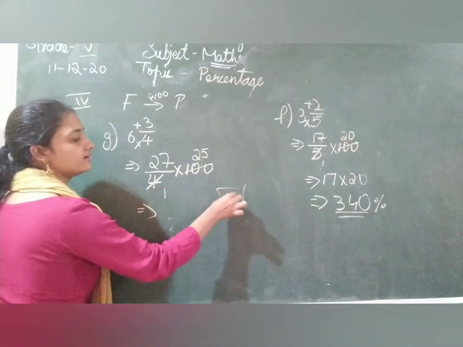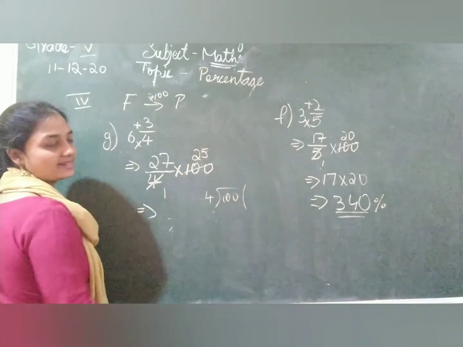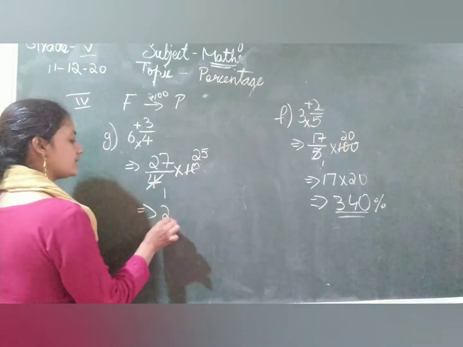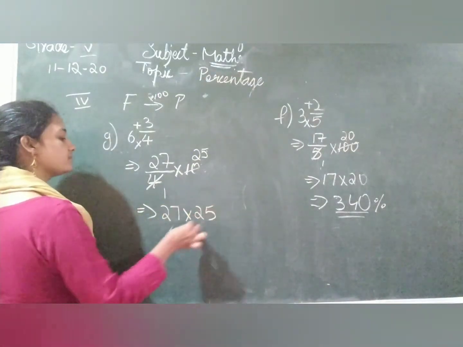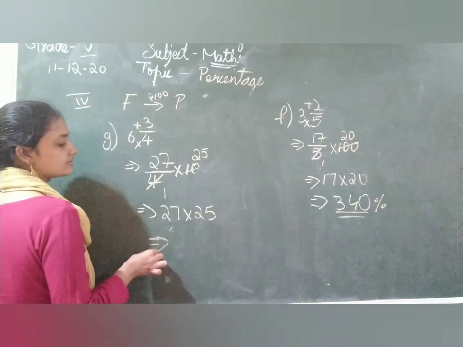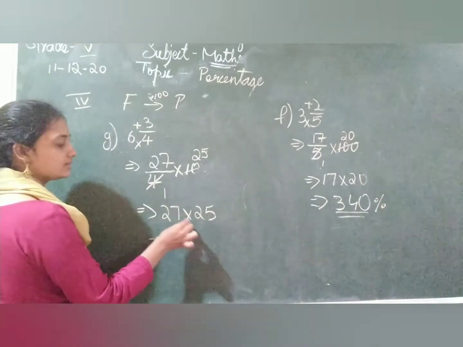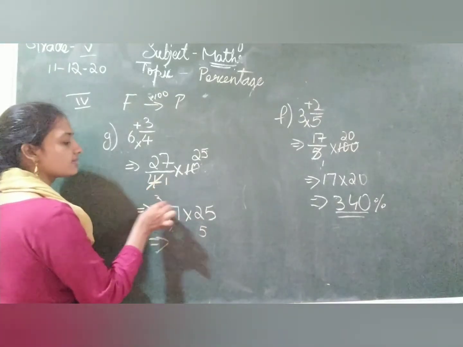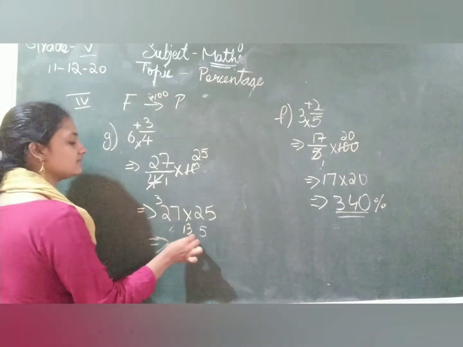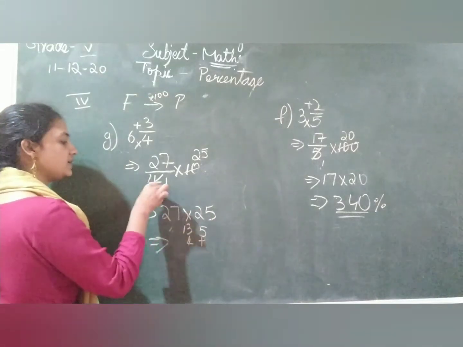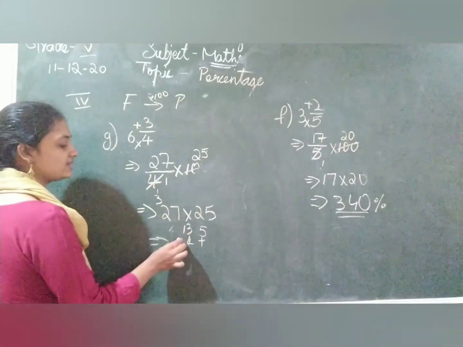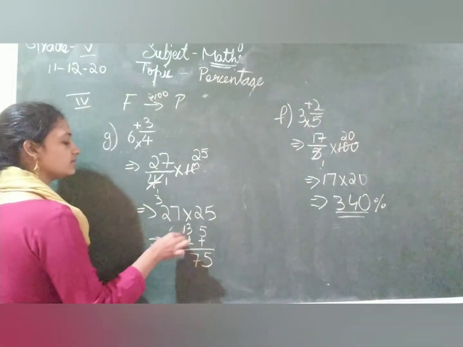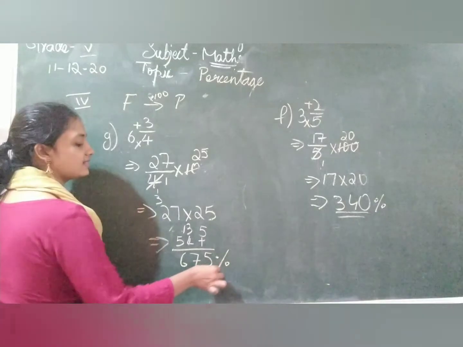Write 100, divide it by 4, you get the answer. So what is the answer now? 27 into 25. Multiply this. So 5 7s are 35. 5, 10 plus 3, 13 plus 2, 7 2s are 14, 2 2s are 4 plus 1, 5. So 5, 7, 6. This is my final answer.